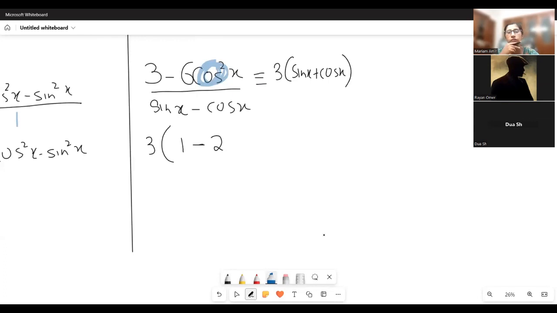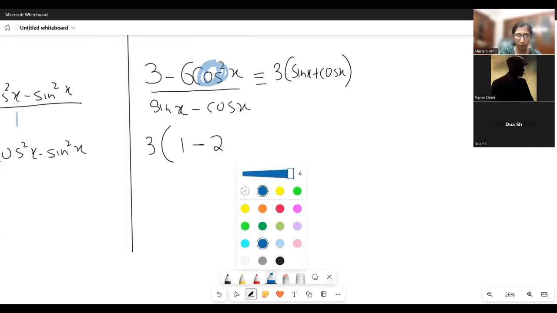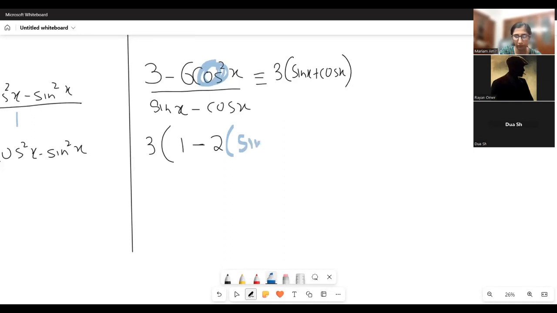We need to change this into sin square x minus 1. And let's see how that goes. So I'm going to change cos square into sin square x minus 1 upon sin x minus cos x.